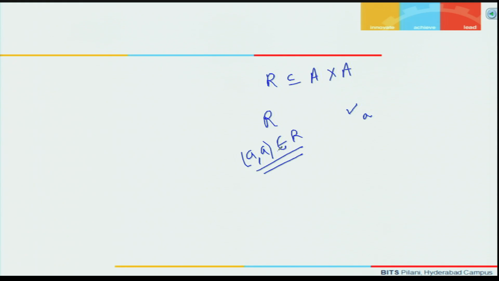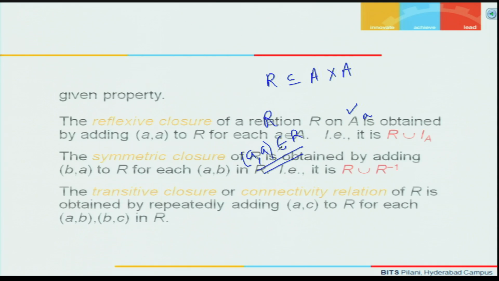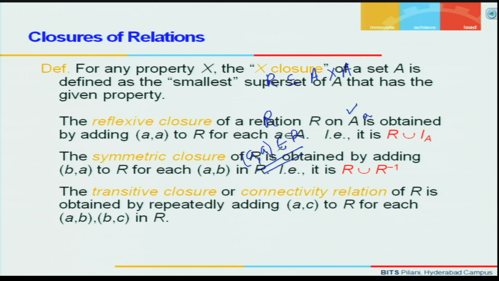By adding elements like (a, a) to R, I am making relation R reflexive. Basically, the relation that we get out of this operation is called the closure. The reflexive closure of a relation R on A is obtained by adding (a, a) to R for each a in A. You just add (a, a) for all a.